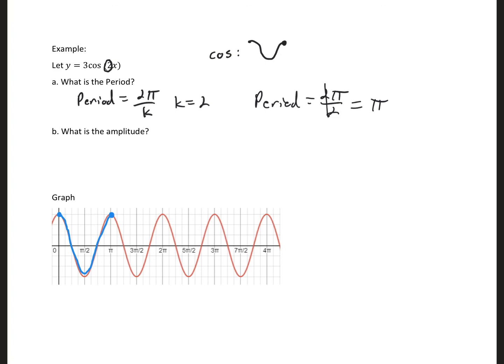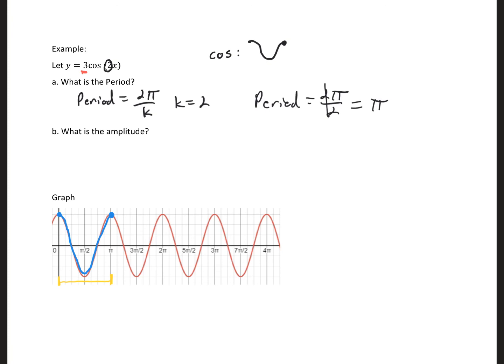Notice on my graph, the length of time to get that full rotation of starting at a peak and returning to it is pi units. Okay. The amplitude will be whatever this value of a is, particularly the absolute value of it.